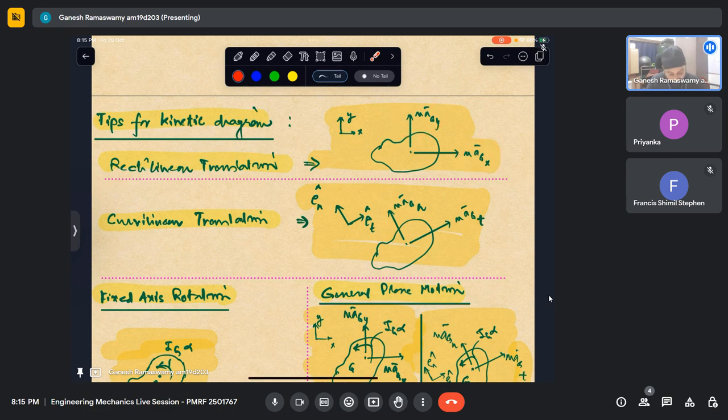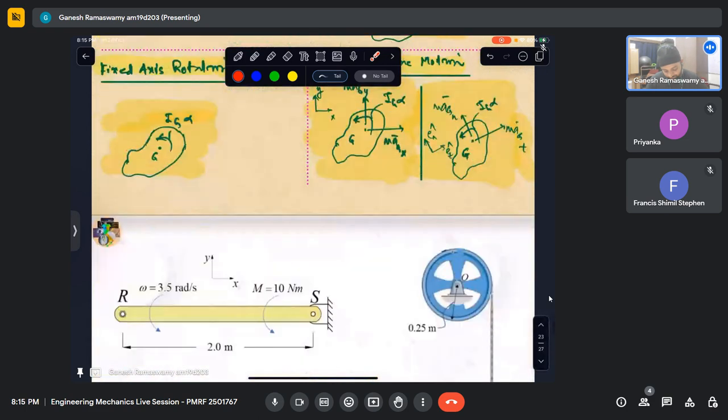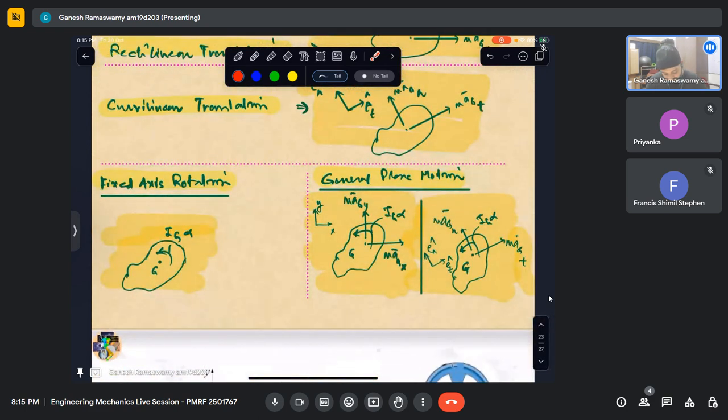If it is not rectilinear but curvilinear translation, that curve itself will tell you which is tangential, which is normal. As we did for one problem in kinetics where we saw a plate was moving, so we could identify the axis by placing the axis parallel and normal to that curve. In the case of fixed axis rotation, this is a special case where it is rotating about its mass center.